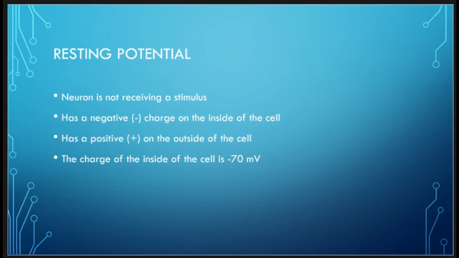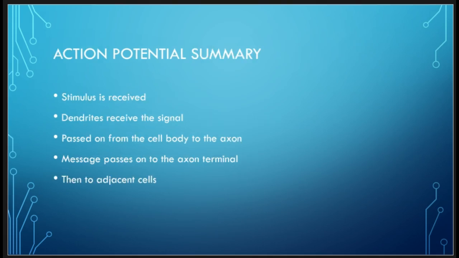So let's look at a very brief overview of that action potential and go on from there. A very simple explanation: we receive a stimulus, the dendrites are the ones receiving that signal, and they pass it on from the cell body down to the axon.